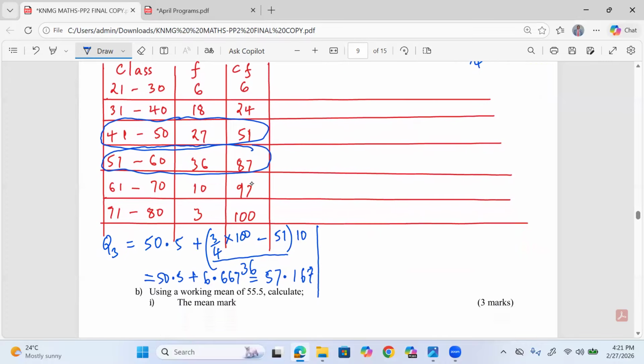So we are going to use that Q1 class now. The lower boundary of this class shall be 40 plus 41, because we are taking the lower limit here, which is 41, and the previous upper, which is 40. And you divide them by 2. We're getting 40.5, plus a quarter of 100 minus cumulative frequency just before, which is 24.